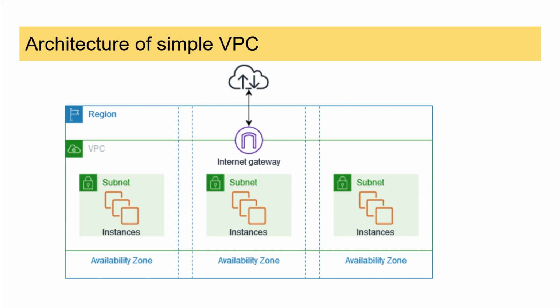That means if we configure an incoming rule, an outgoing rule is automatically configured. The next element that we're going to discuss is the NACL, Network Access Control List. NACLs are subnet-specific resources. They control what traffic can enter and exit a subnet. Unlike security groups, NACLs are stateless in nature.